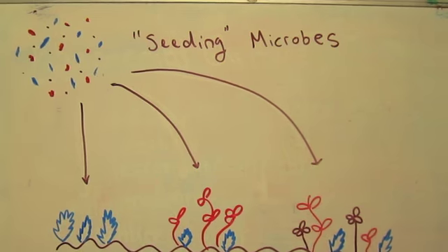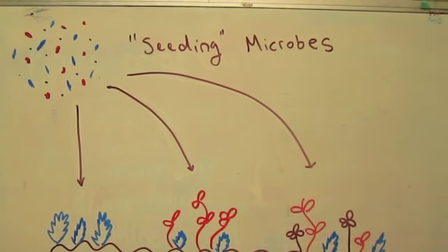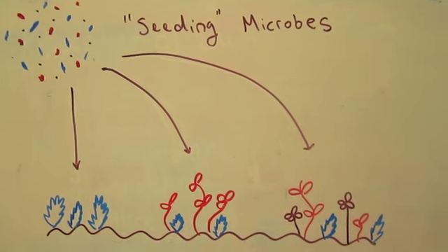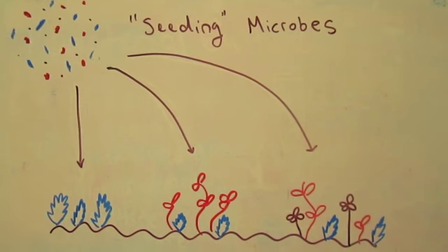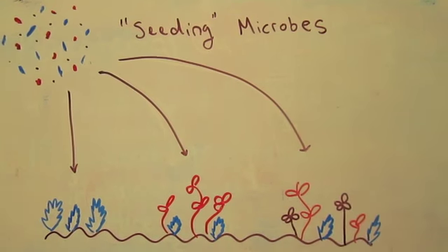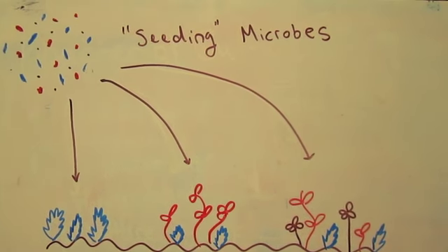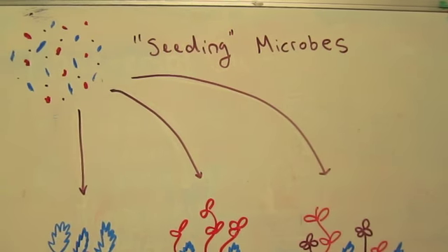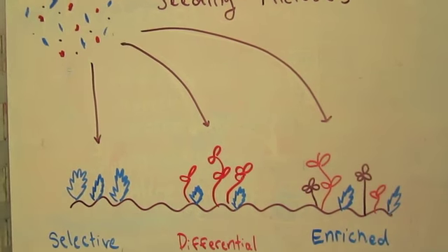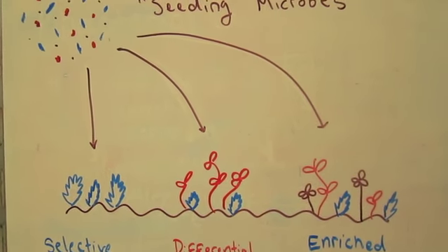And by inoculating a media, it is much like planting the seeds in different types of soil. Depending on which type of soil you choose, the seeds will grow differently. And see, I've drawn here that seeding the microbes in the soils, it could be selective, differential, or enriched.